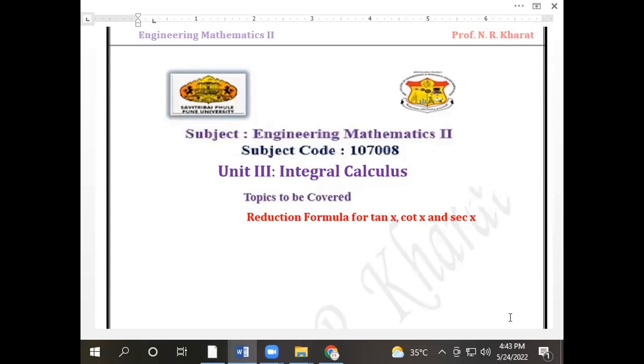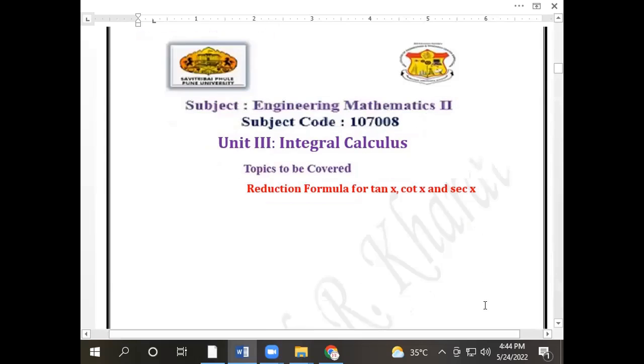If the index of your tan, cot, sec is greater than 2, in general, if the index of your tan, cot, sec is n, and n is an integer which is greater than 2, then how to derive the reduction formulae for these three trigonometric functions?